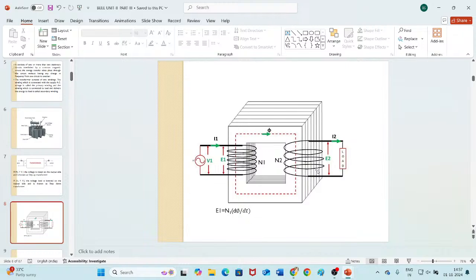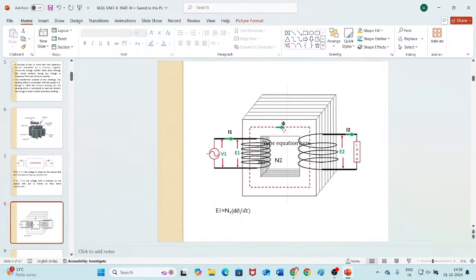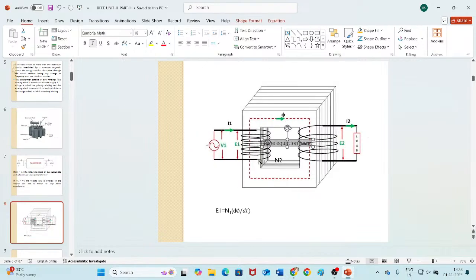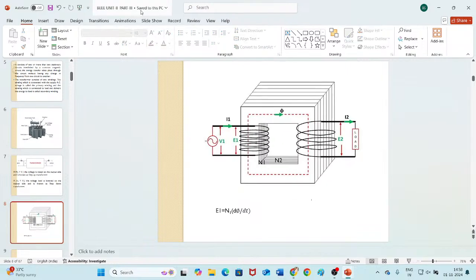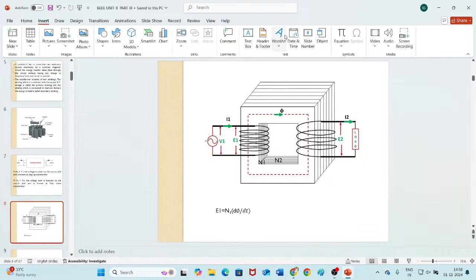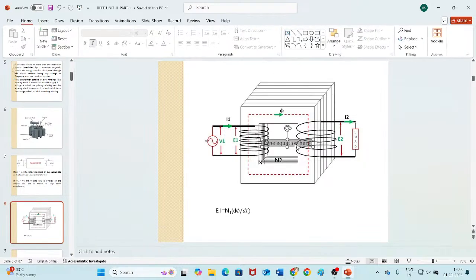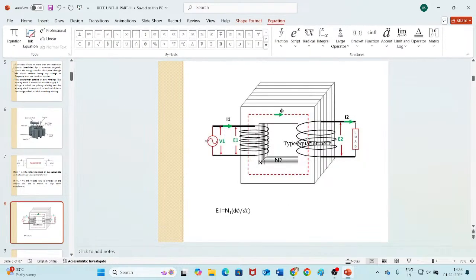So what is E2? I'll better insert an equation, it will be more clear to understand. This is our diagram. Once again, I will insert the equation.